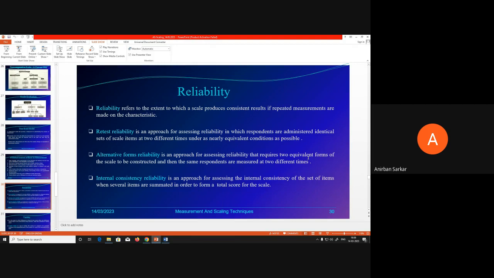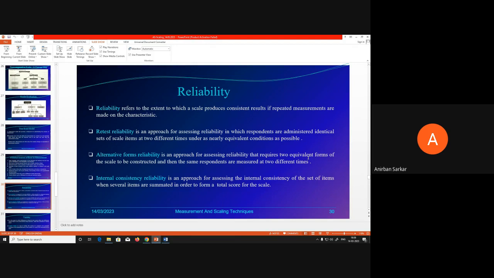Again, in the first week of April, you go to the same set of respondents and ask them to fill up the questionnaire on more or less the same scale. And if the two questionnaires give you a high correlation coefficient, then you can say that your result is reliable. This is called test retest reliability.